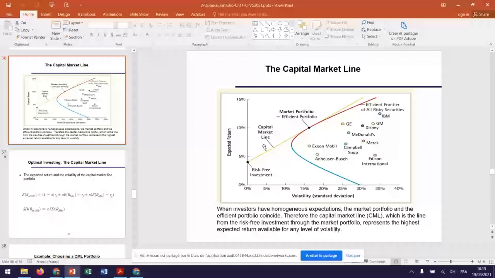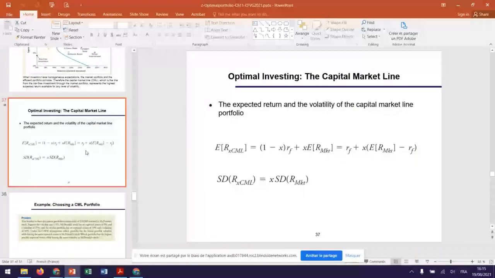Interestingly, this capital market line is the line along which you can optimize your investment. If I take the same formula for the tangent portfolio, I just replace the T with the CML, using the market portfolio as the efficient portfolio.